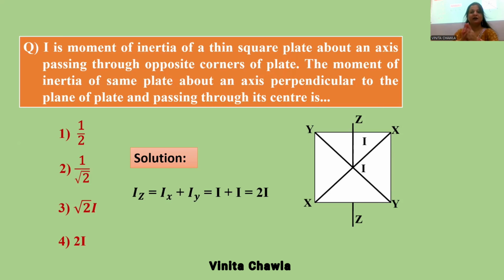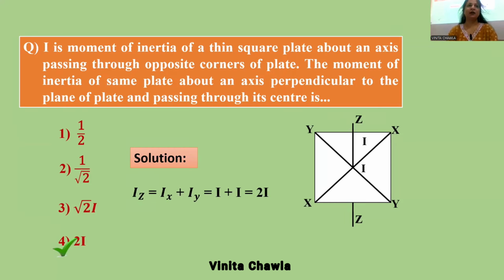We know Ix and Iy are equal to I, because the diagonals of a square are equal and they bisect each other at 90 degrees, they are perpendicular bisectors as well. So Iz is equal to Ix plus Iy. Now Ix is I, Iy is also I, so I plus I is Iz, Iz is 2I.